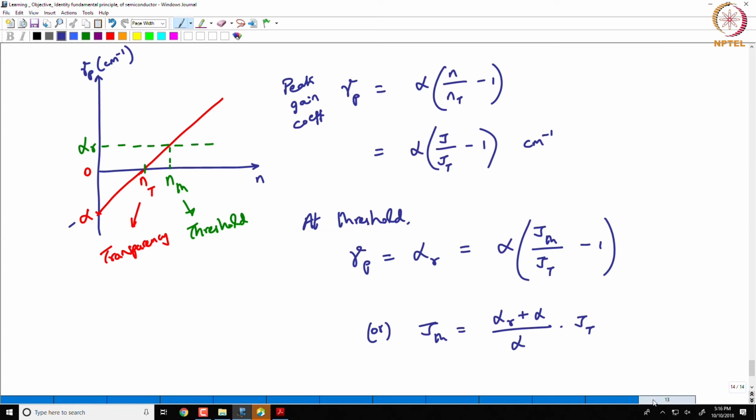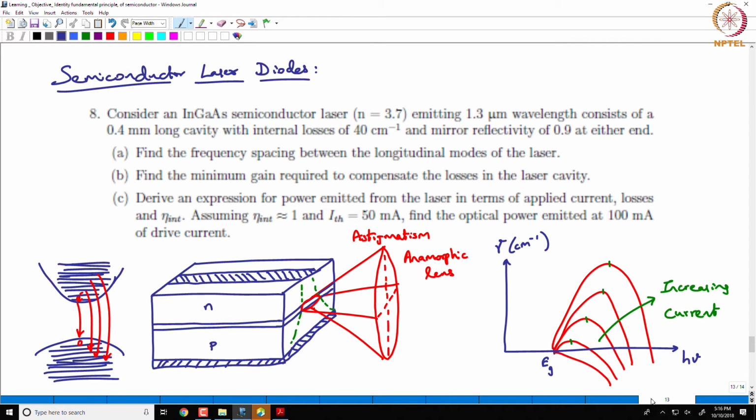What we want to do is quantify these things. Now, right here I can say that delta nu is going to be equal to C over 2 NL. So, C we know is 3 times 10 to the power 8, divided by 2 multiplied by 3.7 multiplied by L, which is 0.4 mm, so 0.4 into 10 to the power minus 3.